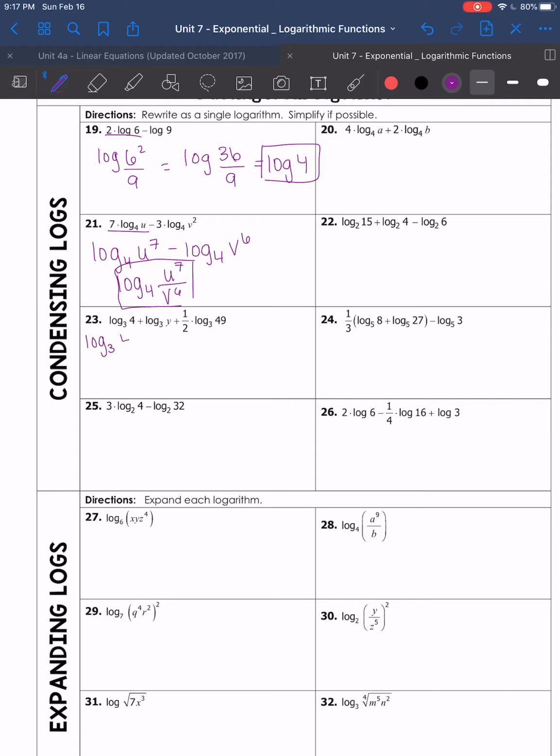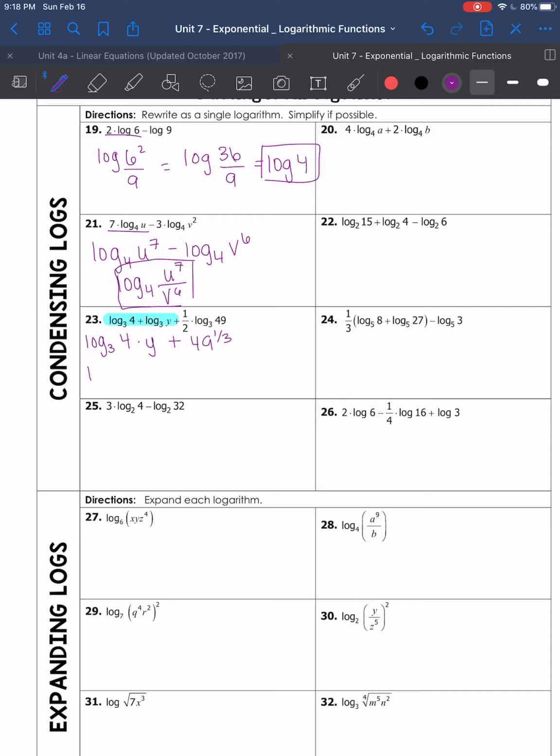This guy here, log base 3 of 4 times y, so 4y, plus, because this is my product property, plus log base 3 of 49 to the 1/2, because it's all log base 3, so I can do that.